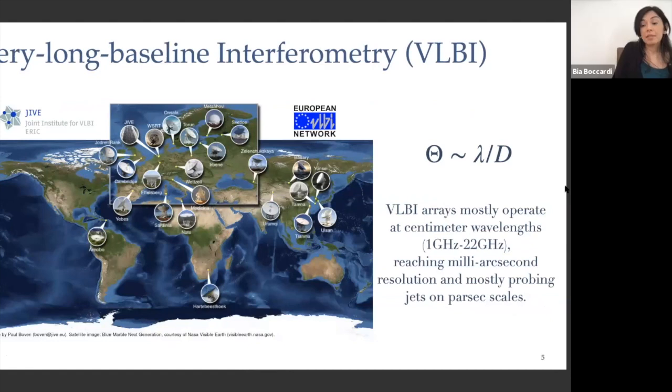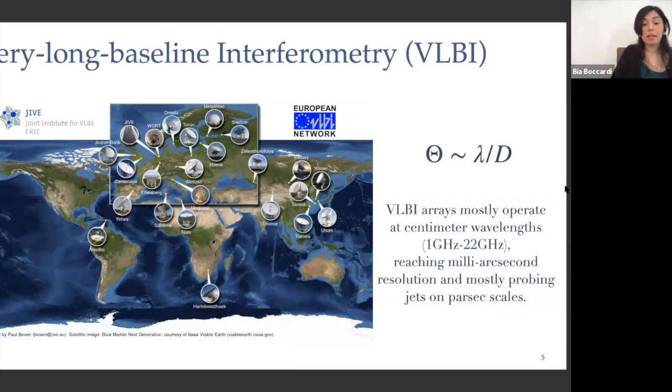The best technique, actually the only technique which can allow us to obtain a direct imaging of the fundamental scales where the jet forms and initially propagates is very long baseline interferometry.